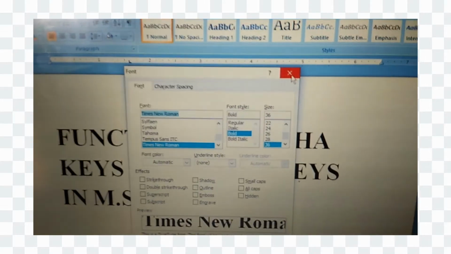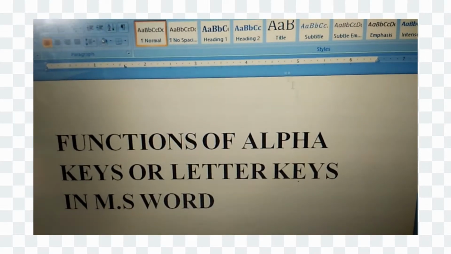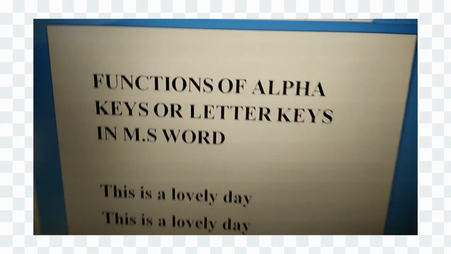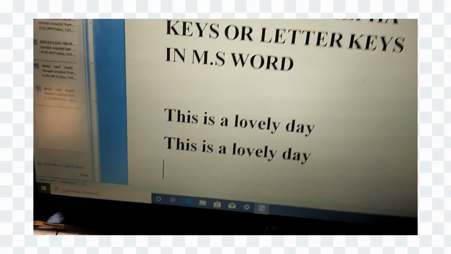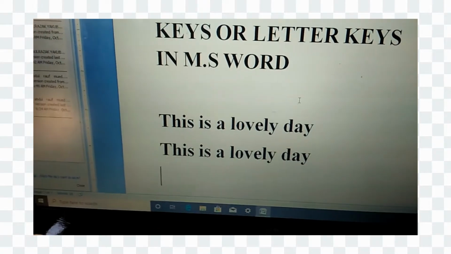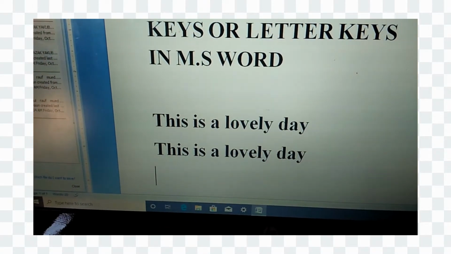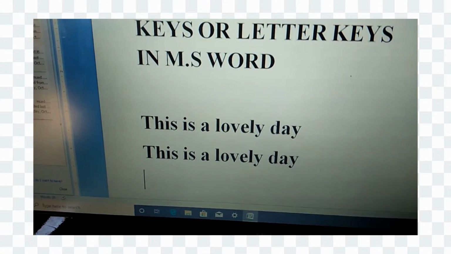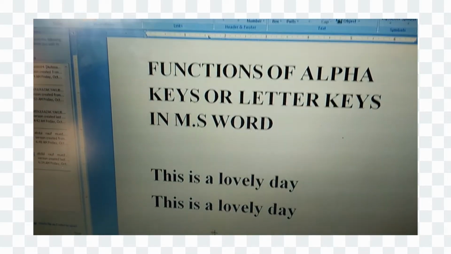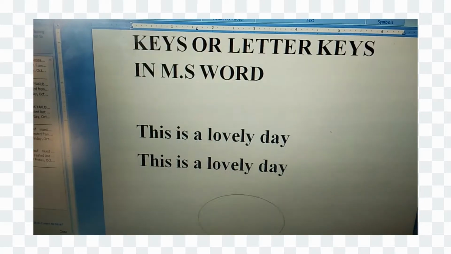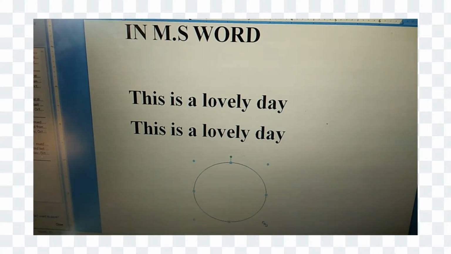So that's not just the function of Ctrl D alone on MS Word. You can also use it to duplicate a shape. So if you inserted a shape on your Word document, for example, I'm going to draw this circle.